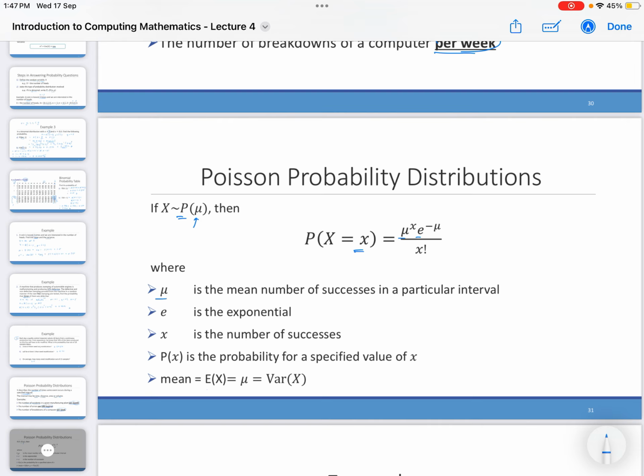Mu is the mean number of successes in a particular interval, e is the exponent function, X is the number of successes, and P of X is the probability of a specified value of X. For Poisson, the mean equals the variance equals mu.